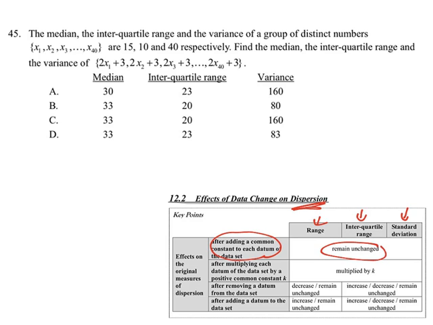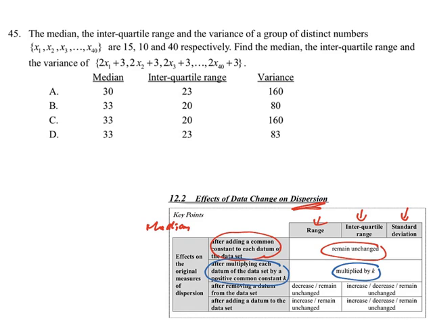But when we multiply by the same number k, the range will be times k, interquartile range times k, and SD will be times k also. But the median is not comparing two values, just only one, so it will be affected by both multiplying and adding.